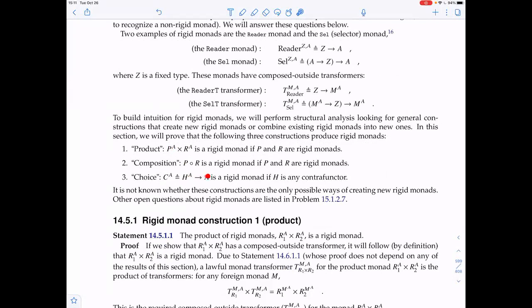Any monad of this sort, where the two are composed outside, and the composition of rigid monads is again rigid, just like the linear monads. So rigid is not something that's widely used other than the reader, but it's interesting that they exist and they could be used. There are some usages of this that I found in the so-called search monad, but I will not go into that.